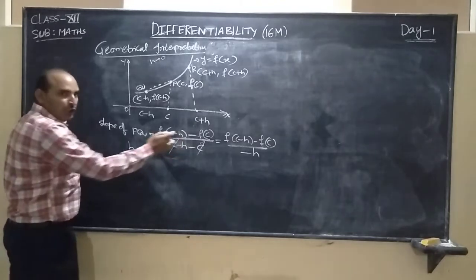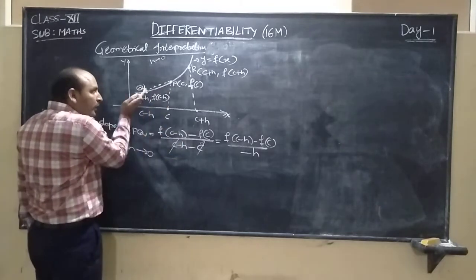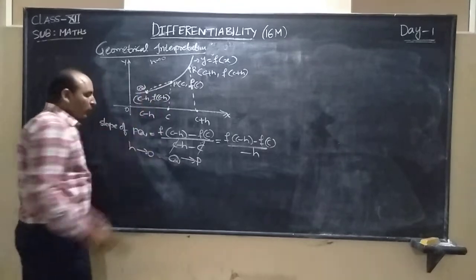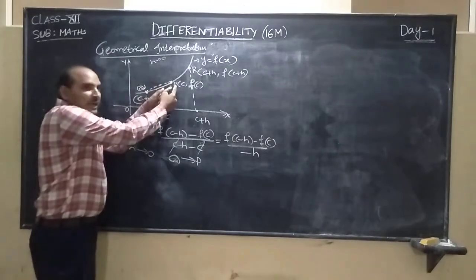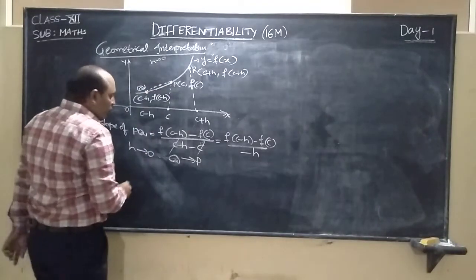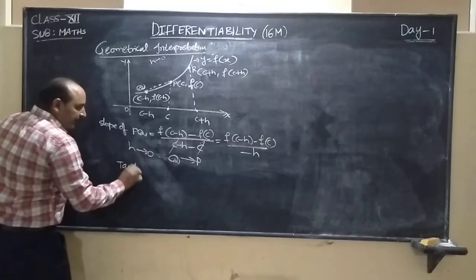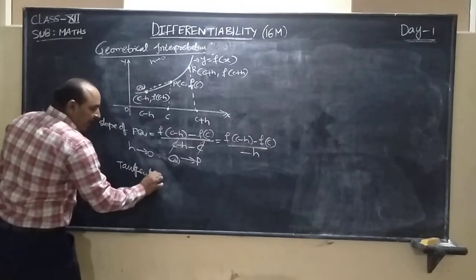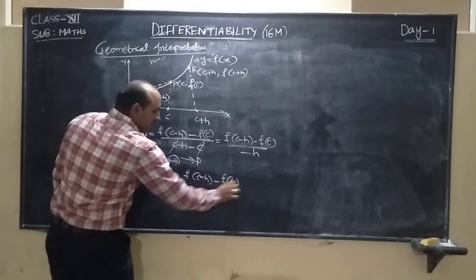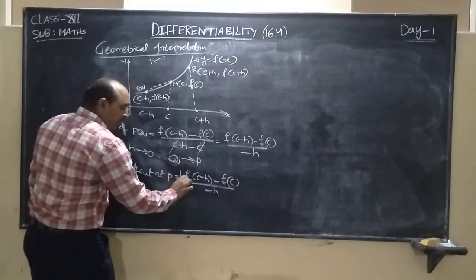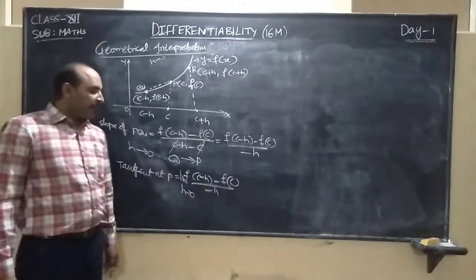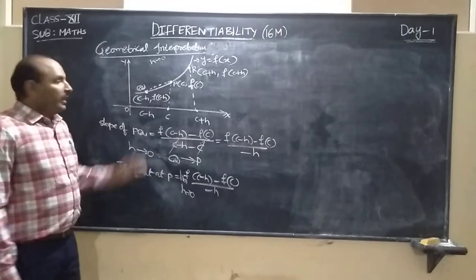When the h value approaches 0, this point is closest to P. When h tends to 0, this point becomes P, that is Q becomes P. So Q tends to P. So the tangent at P is equal to f of c minus h minus f of c divided by minus h, when you apply the limit h tends to 0. So this is the point PQ.